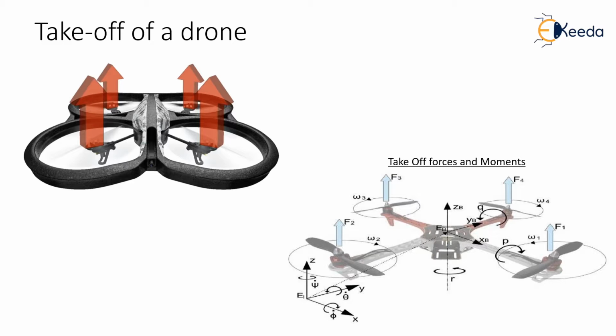The rate at which the drone rises depends on the forces developed by the propellers and the motor RPM. For a straight takeoff, ideally all the forces should be equal and the sum should be greater than the weight. This defines the forces during the takeoff of the drone.